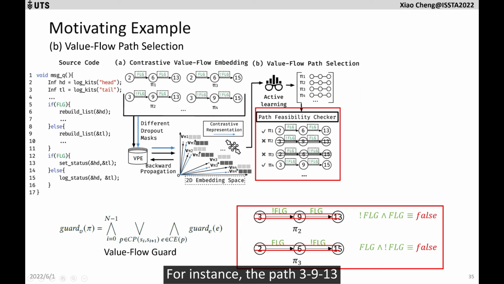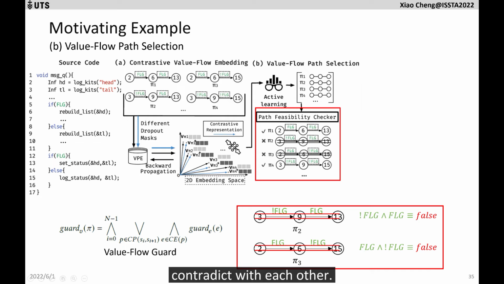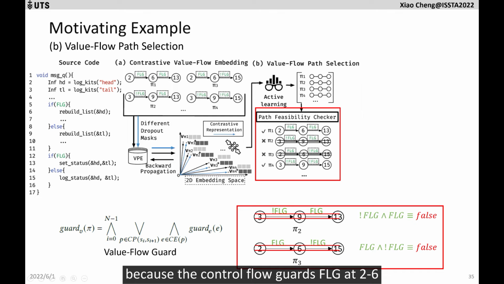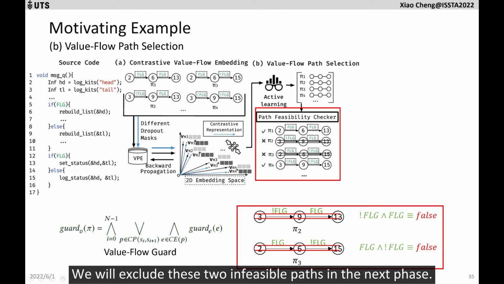For instance, path 3, 9, 13 is infeasible because the control flow conditions neg flag at 3 to 9 and flag at 9 to 13 contradict with each other. Similarly, path 2, 6, 15 is infeasible because the control flow conditions flag at 2 to 6 and neg flag at 6 to 15 contradict with each other. We will exclude these two infeasible paths in the next phase.